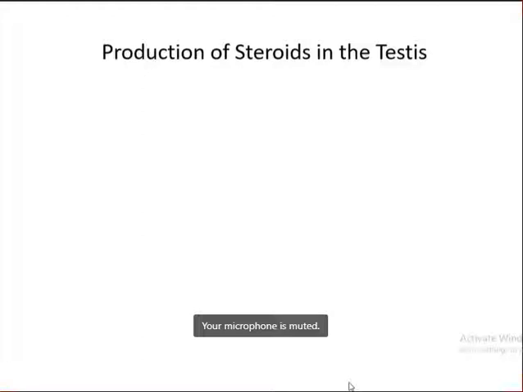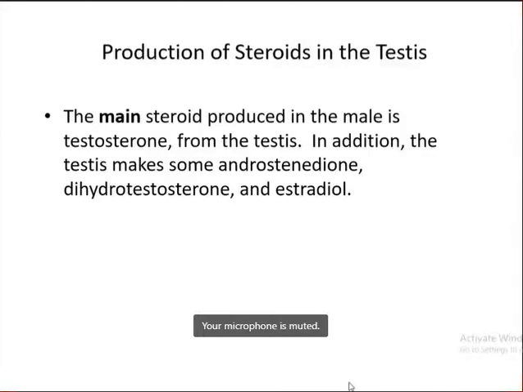Now, production of steroid in the testis. The main steroid produced in the male is testosterone, because today's class is mainly on the male sex hormone. In addition, the testis makes some androstenedione, dihydrotestosterone, and estradiol as well.